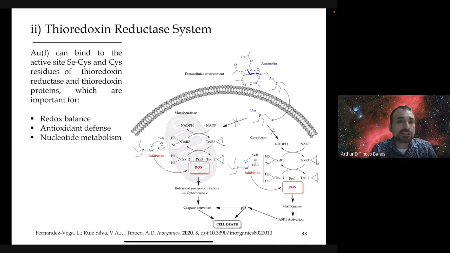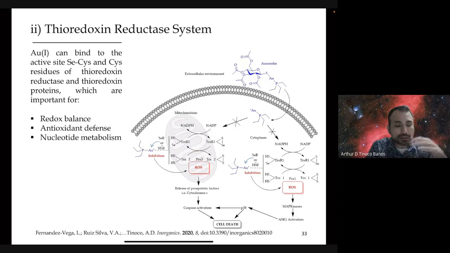What's not so clear are some of the other targets. As we mentioned previously, the thioredoxin reductase system is a very important one, as we've seen from the perspective of an anti-cancer application, but it's also believed to be correlated to an extent with the effect that can be induced by the gold.